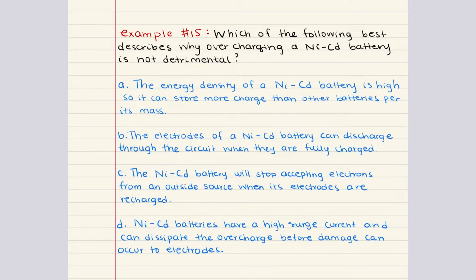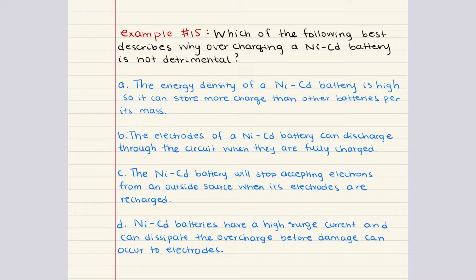Now, nickel-cadmium batteries are rechargeable cells, and they consist of two half cells made out of solid cadmium, which is the anode, and nickel-3 oxide hydroxide, which is the cathode. And they're connected by a conductive material, typically something like potassium hydroxide.